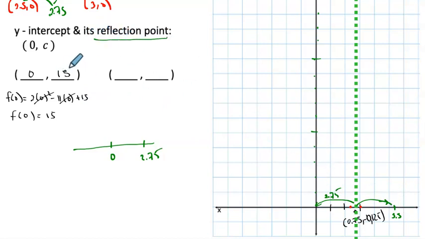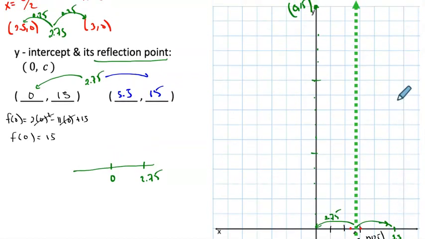Going 2.75 to the left brought me to a y value of 15, so going 2.75 to the right will also bring me to a y value of 15. So at 5.5, if I bring this all the way up, 5.5 is also going to have a y value of 15. And that's how I use my vertex to get different coordinates and a reflection point.